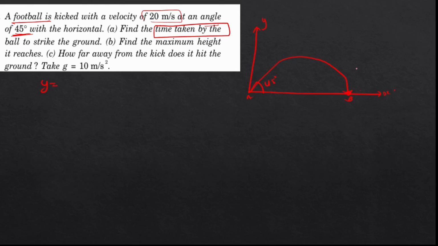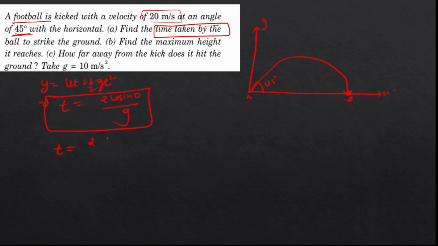And how have we found the time of flight? We have found it from this particular equation. Why? Because acceleration is in the y coordinate, and at this particular instant its y coordinate would be 0, and by simplifying it we will get the time, which will be the time of flight that this football will take to reach this point on the ground. So we only need to put in the values we have been given.